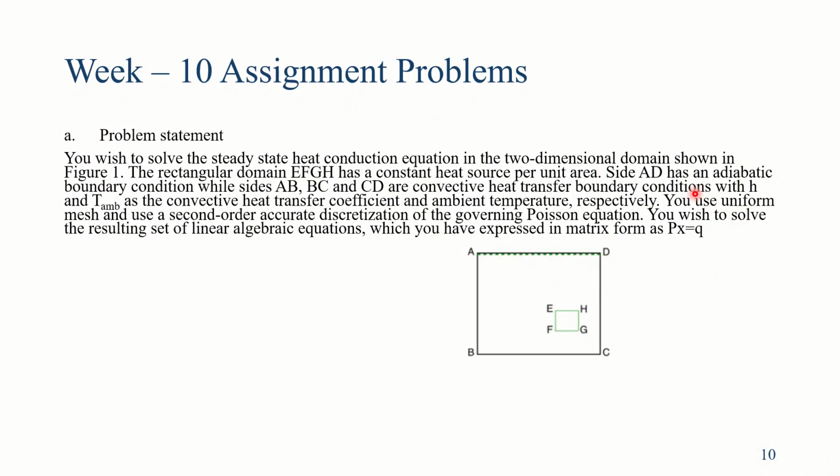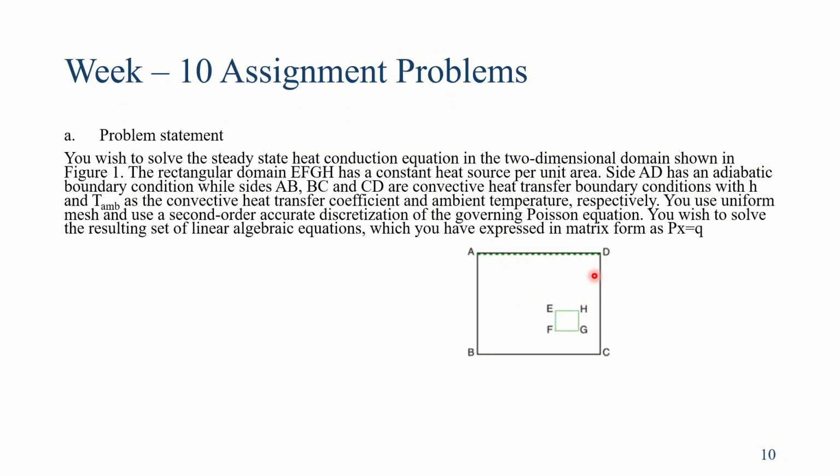So first, let us understand what is being given in the question. We have a domain ABCD, and on looking at the picture itself, we can say that AD is an adiabatic boundary. Since it is given like this, it just means that there is no heat transfer taking place across the wall. And after that, we have an inside domain EFGH, which has a constant heat source per unit area.